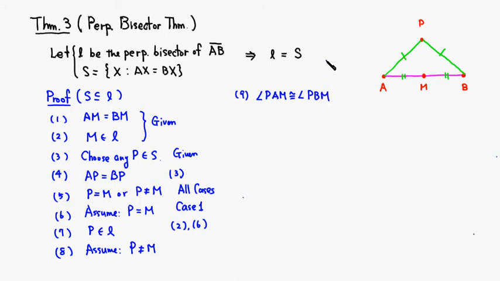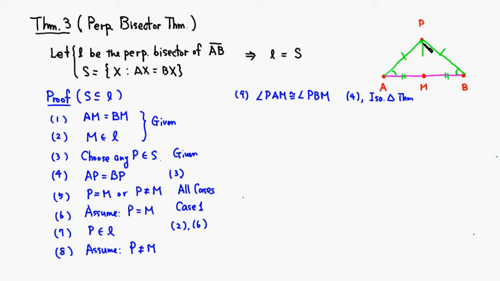This is since PAB is an isosceles triangle, because AP equals BP, so line number 4 tells you that it's an isosceles triangle, and the base angles of an isosceles triangle are congruent. So this is using the isosceles triangle theorem. So we already know that this is congruent to that guy.